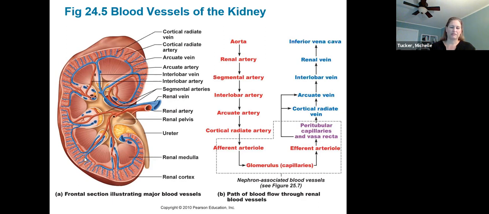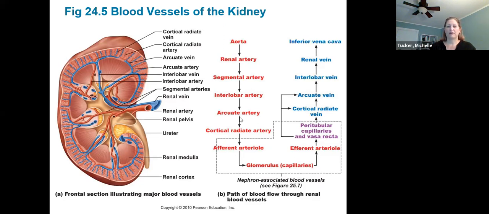So superior, or I guess it would be more superficial from the arcuate artery, it's going to be the cortex, and deeper will be the medullary layer. So these arcuate arteries, I always think of them as being horizontal, because then the cortical radiate arteries come off of it like spokes.